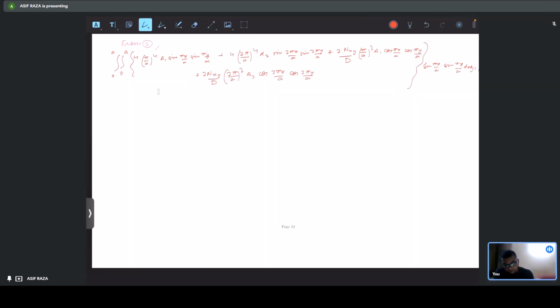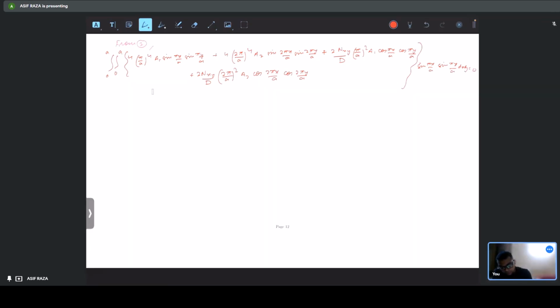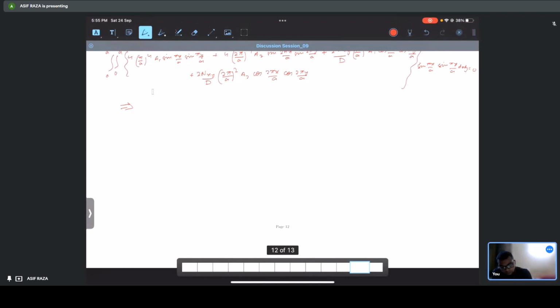So if we solve this equation, it will reduce into pi by 4 a square a1 plus 32 nxy by 9d a2 equal to 0.